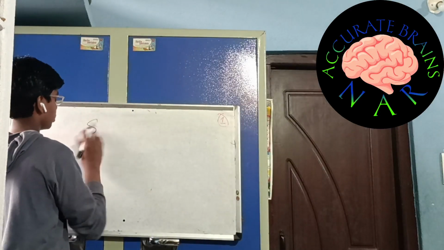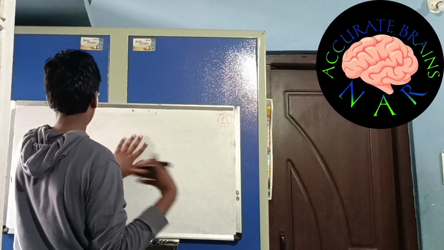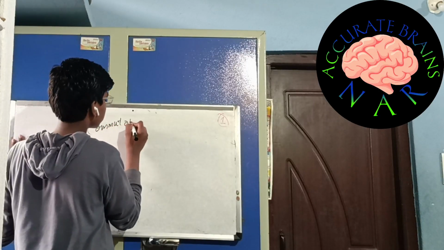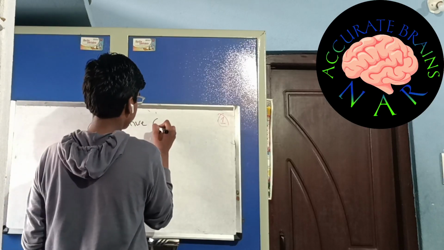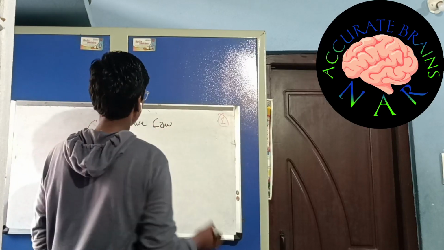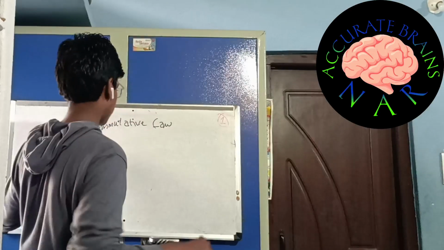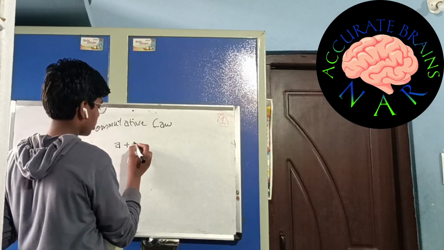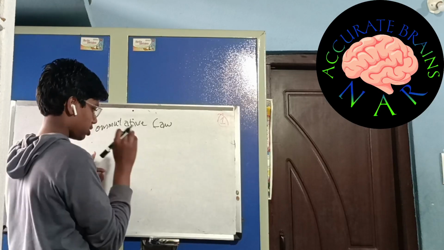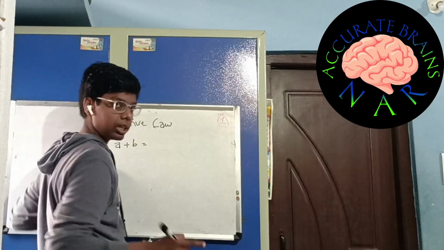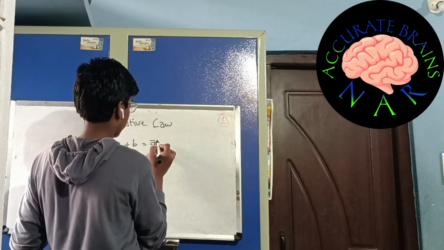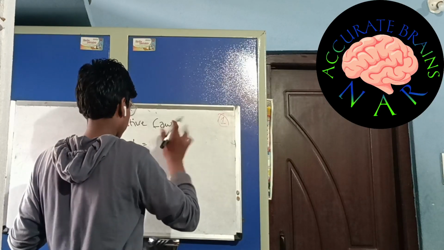Heading to the topic, commutative law. Commutative law is nothing but the changing of the order of numbers. If we have a plus b, where a and b are rational numbers, then a plus b should be equal to b plus a.